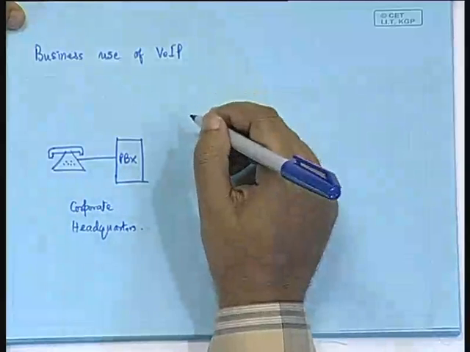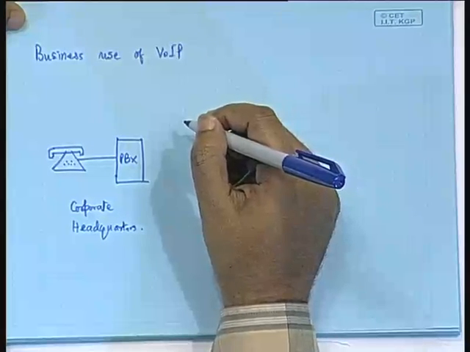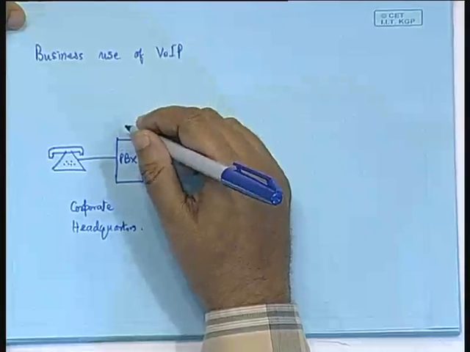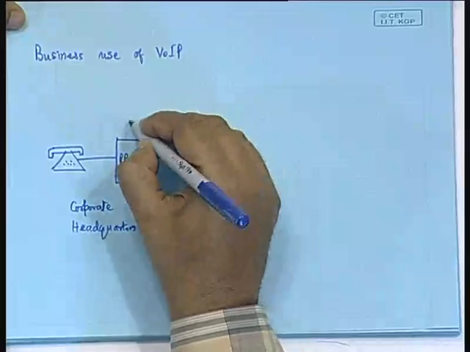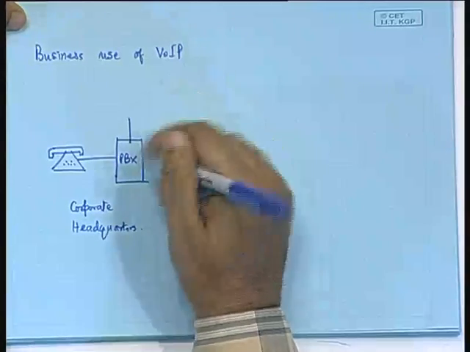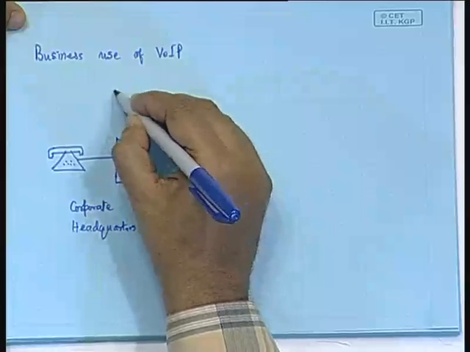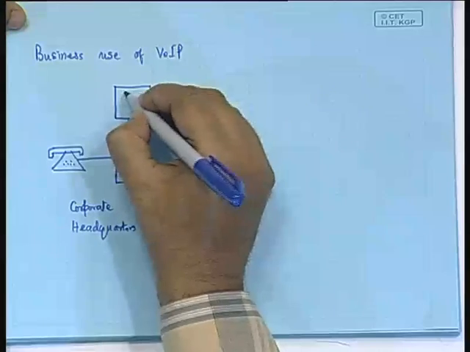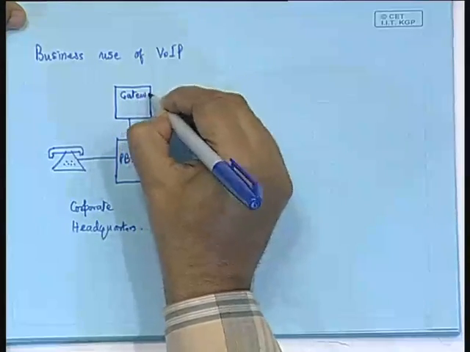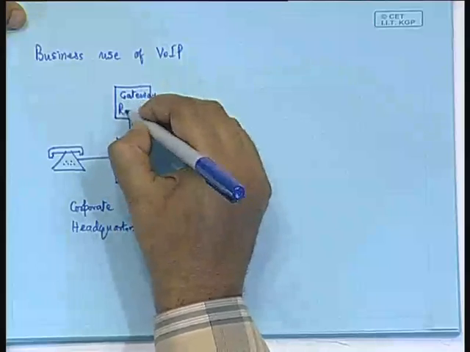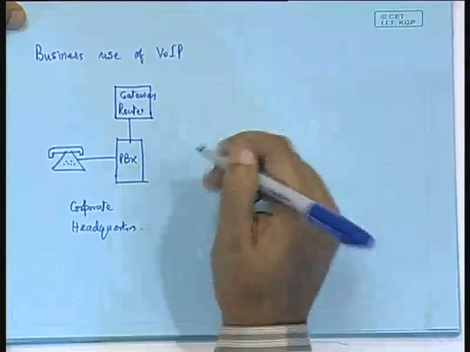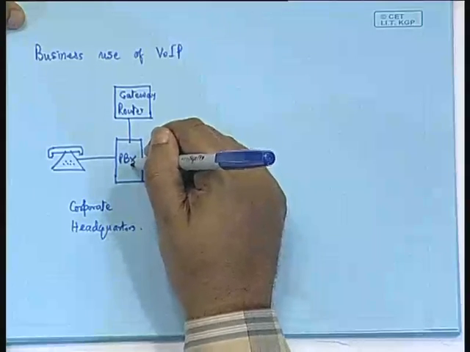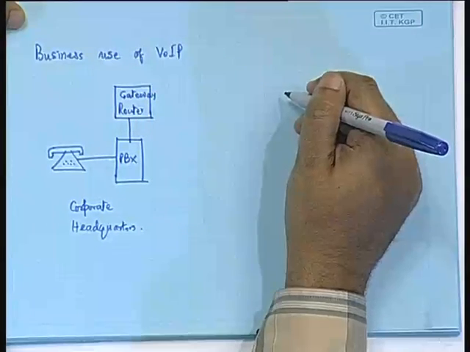Now, there must be a way to connect this voice into the internet. So, what we essentially have to provide is that this PBX should be connected to a VoIP router, or what we can call the gateway router. So, this is a gateway router. The gateway router will basically connect the PBX to the network.